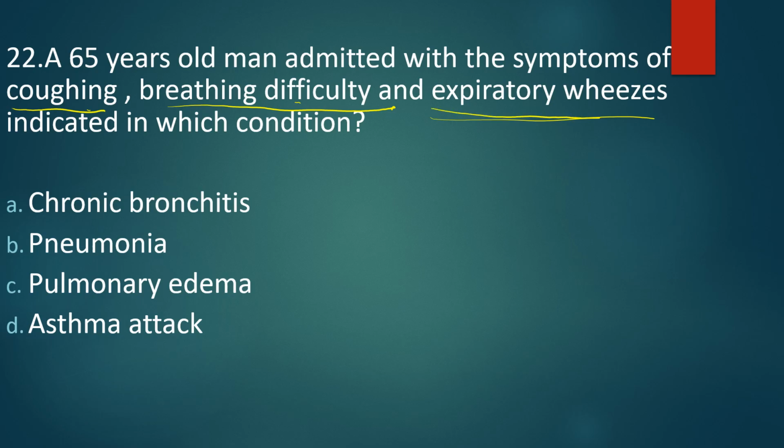But expiratory wheezes is something different. Wheezes always resemble what? Nothing but wheezing. Wheezing is a high pitch whistling sound produced because of narrowing of bronchial tubes, which is only seen in asthma attack.